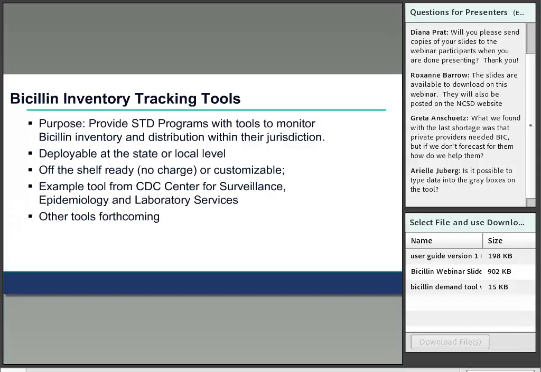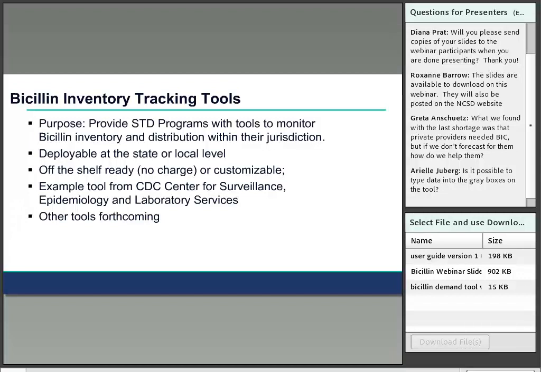We looked at that and said, perhaps this might be adaptable for medications. They already were doing it for medication. We thought maybe we could use it for Bicillin, perhaps other STD medications.